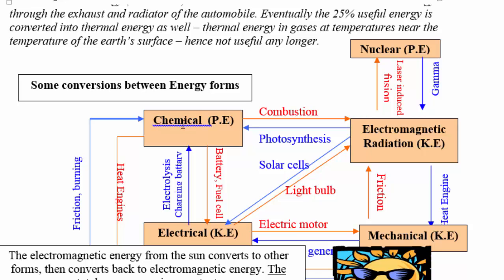And of course, this chemical potential energy will convert to us as humans when we eat plants. It will convert to chemical potential energy for animals as well when they eat the plants. The same thing when we eat the animals, we are taking part of this chemical potential energy, and that enables us to do work.